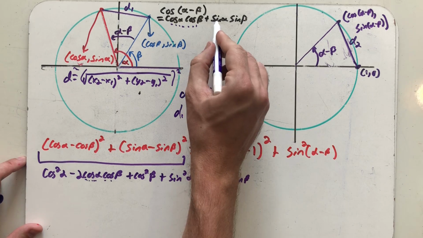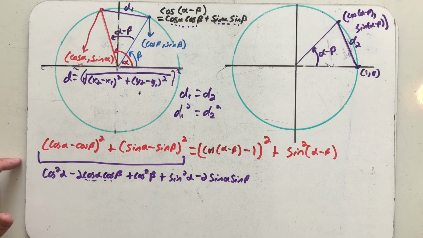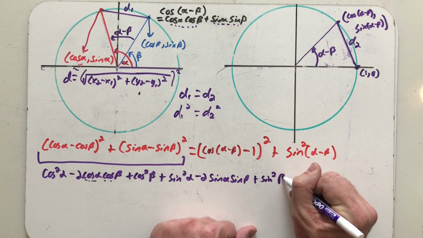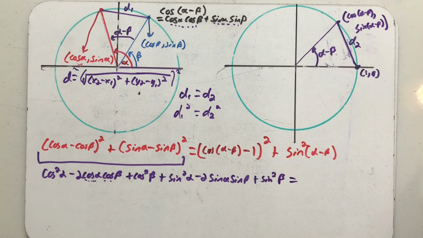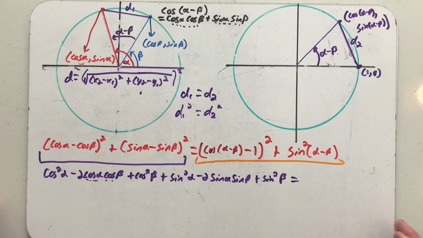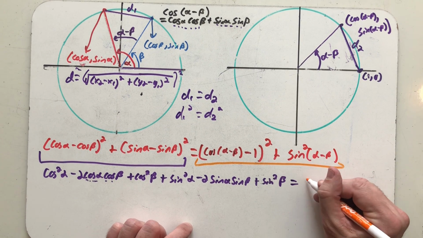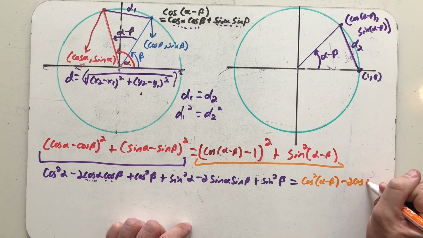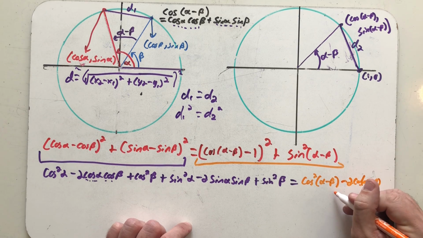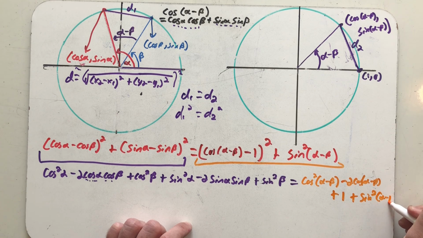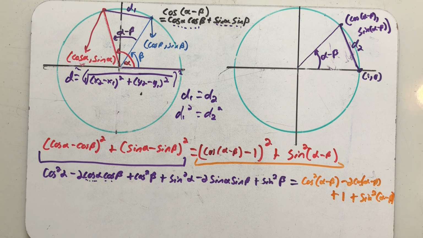Again, I'm feeling good because I see an expression that looks like something on that right-hand side. And then finally plus sine squared beta equals. Now the other side: I have one binomial expression to expand. So I have cosine squared of alpha minus beta, minus 2 cosine of alpha minus beta, plus 1, plus sine squared of alpha minus beta. That's not fitting real well, but I think I see everything that's going on.